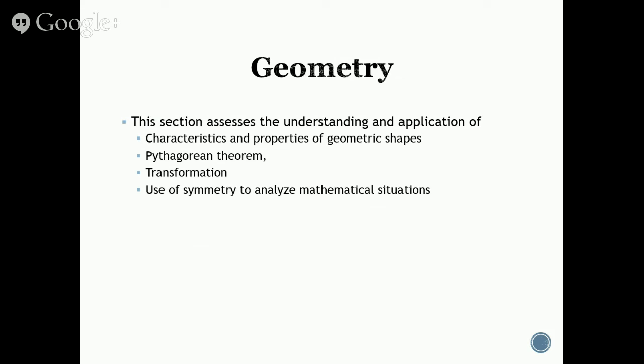So the one thing I would do here is I would make sure I review those formulas that go along with geometry, area, perimeter, and all that kind of thing, so that I can know them for the test. They're not going to give them to you. So you need to make sure you have an idea of what they are before you enter the test.